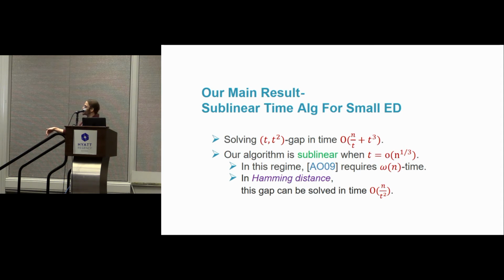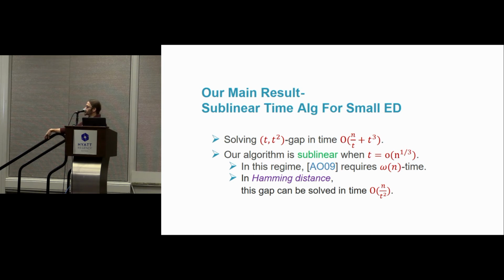So this is the main result. Let's try to compare it to the previous results. First, we want to demonstrate that our algorithm is sublinear when the distances are small. In many applications, this is really the interesting case, where the distances are small and we would like to check whether it is very small or a bit larger. So when t is little o of n to the one third, we have a sublinear time algorithm.